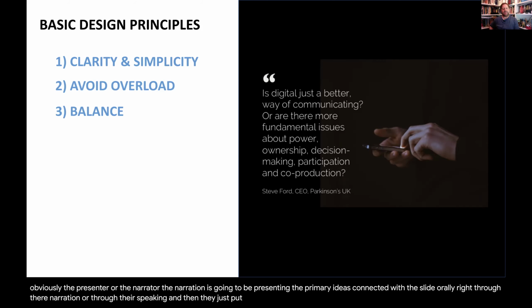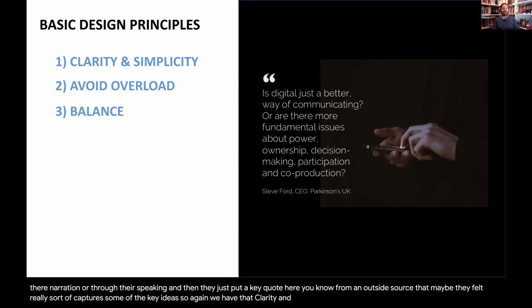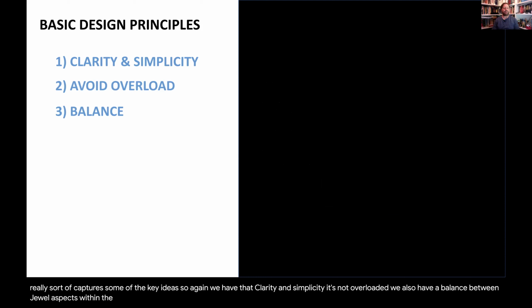And then they just put a key quote here from an outside source that maybe they felt captured some of the key ideas. So again, we have that clarity and simplicity. It's not overloaded. And we also have a balance between the textual aspects and the visual aspects within the slide.